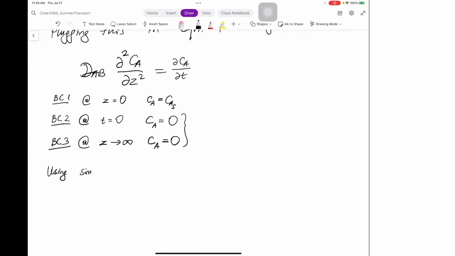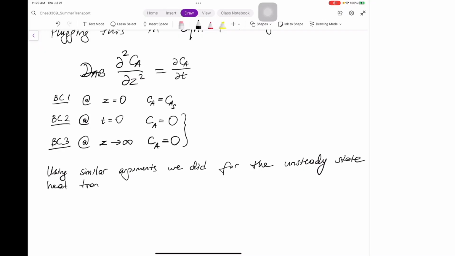using similar arguments we did for the heat transfer, or unsteady state heat transfer through semi-infinite wall, like similar scaling arguments.